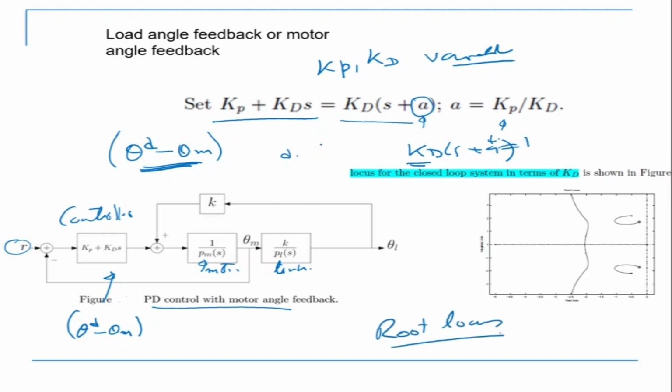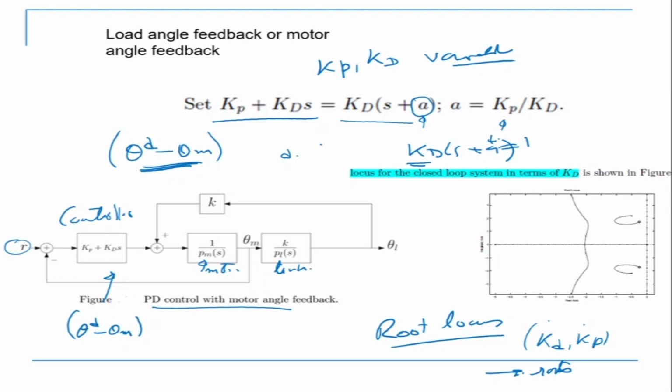Now what is the root locus of the system? The root locus of the system means that in the PD controller, you can vary your KD and your KP. You have two gains, you can vary them. But for all values of KP and KD, can you plot where the roots of the system are? Okay, so for different values of KP and KD, you need to find where the roots of the system are going to be.